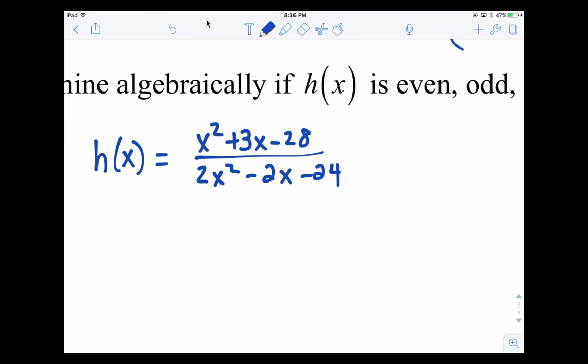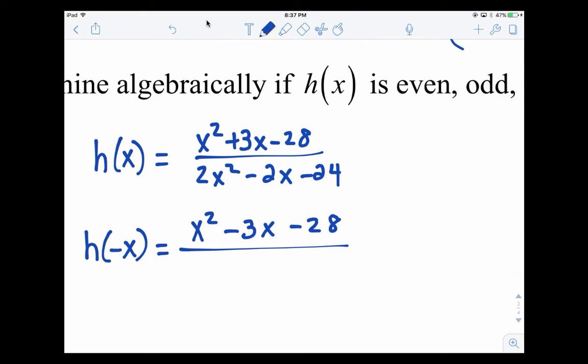When we were talking about even and odd functions, when you have a rational function, you have to see what the top is going to be and what the bottom is going to be. If I'm looking at the top, plugging in the opposite value, x squared is not going to change. Plus 3x is going to change to negative 3x, and negative 28 is not going to change. And the bottom, 2x squared is not going to change. Negative 2x is going to become positive 2x, and negative 24 is not going to change.